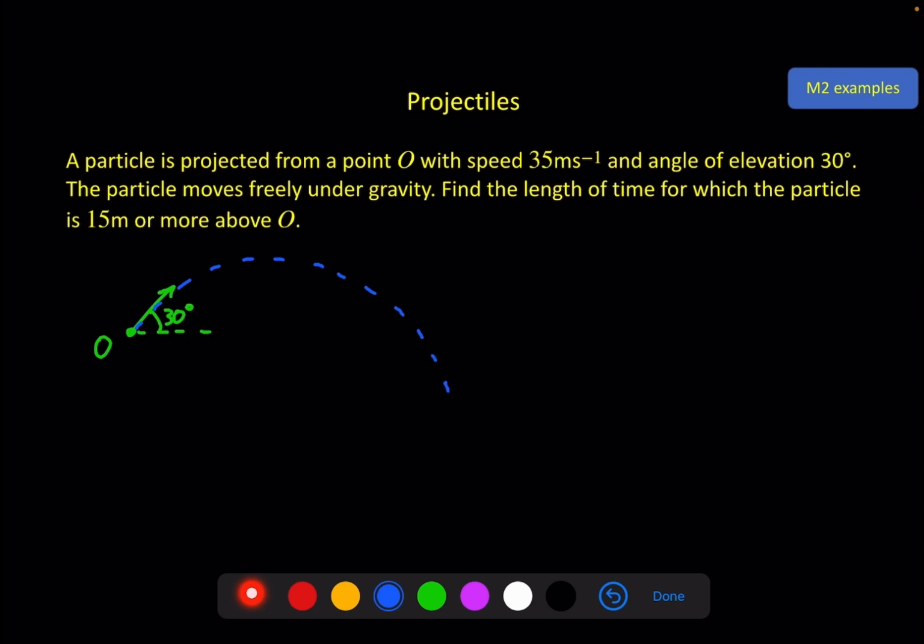But what's interesting about this is that we are considering everything relative to the point O. So although it's not on a plane, this is our point of zero vertical displacement. And the question is, find the length of time for which the particle is 15 meters or more above this vertical plane here. So 15 meters above this, let's say that's here.